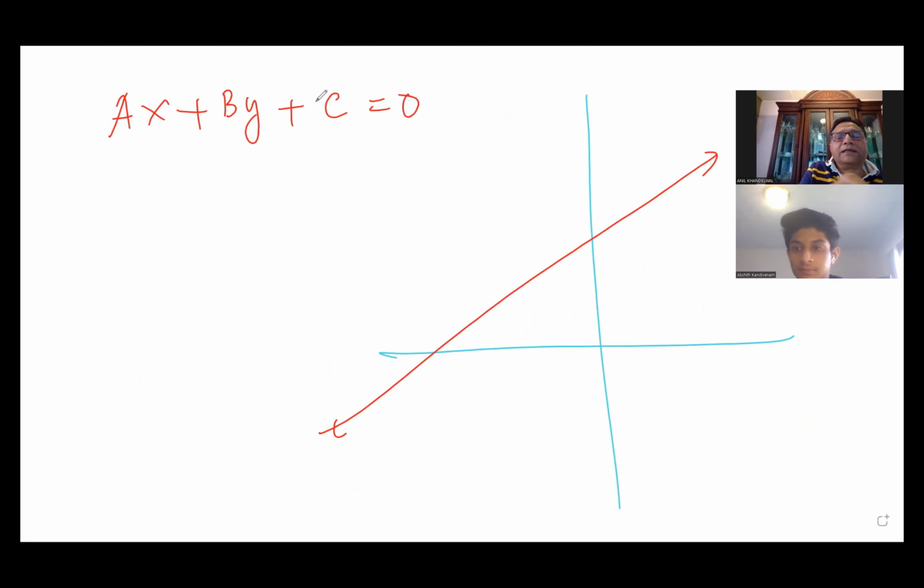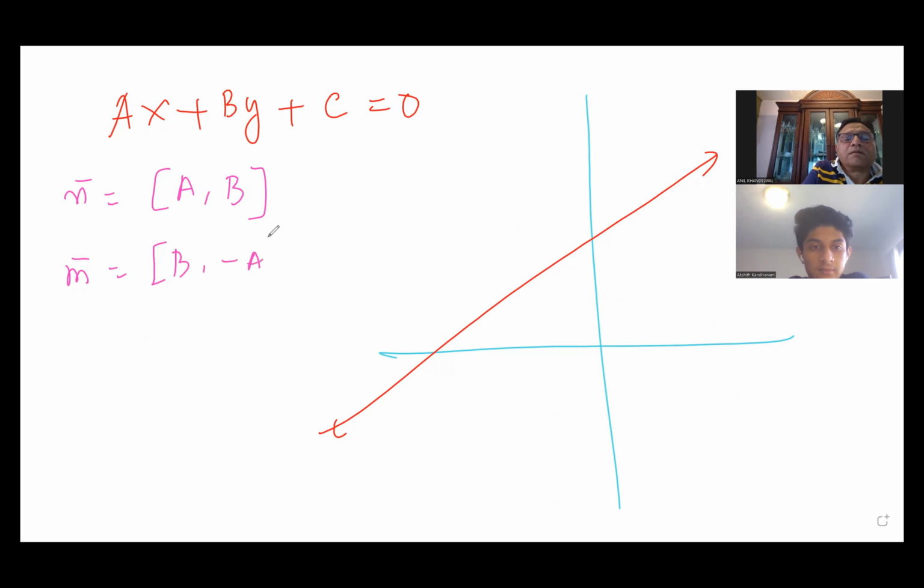From this line given in Cartesian equation, we can always find the normal, correct? So we know the normal is (A, B), right? Slope is -A over B. Okay, x-intercept and y-intercept. You can also get those values directly from here, right?